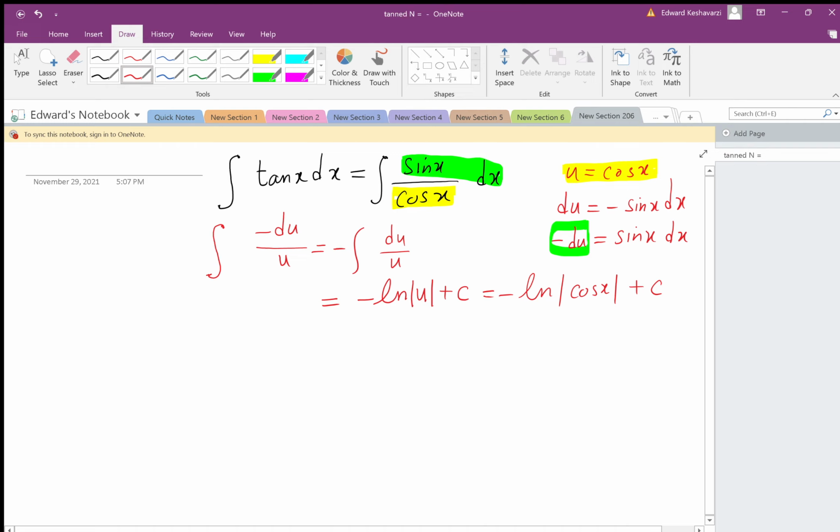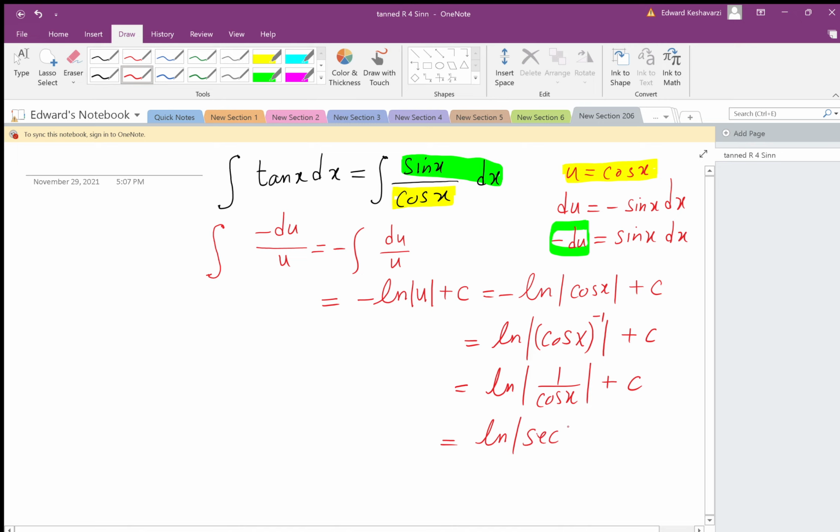We are done, but sometimes you may see in some textbooks that they use this negative 1 according to the properties of log. Then it becomes ln of 1 over cos x plus c, and 1 over cos is secant, so it's going to be ln absolute value of sec x plus c.